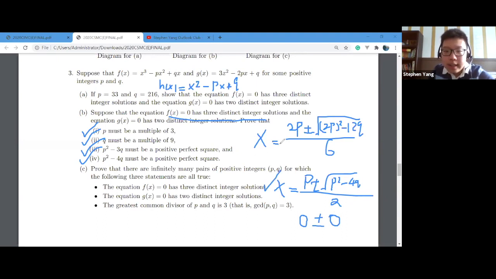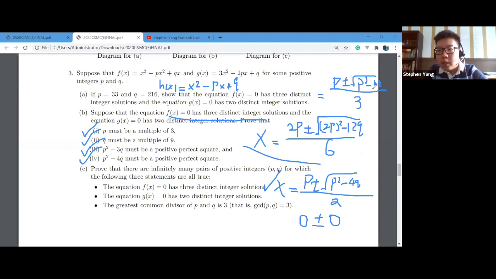Now looking at this part right here, we know that both p and q are multiples of 3. Oh, you know what? I could actually simplify this even further. So x is equal to, if you divide by 2 on both top and bottom, p plus or minus the square root of p squared minus 4q, over 3.